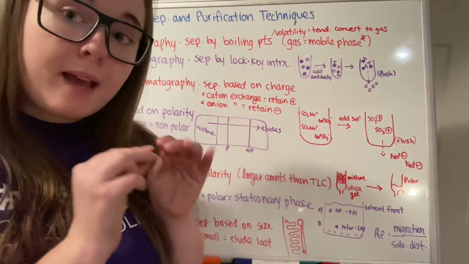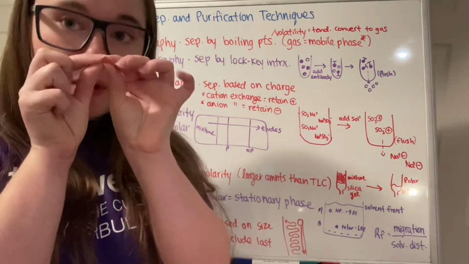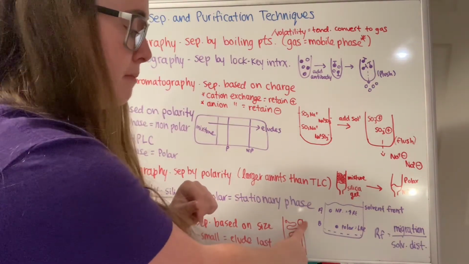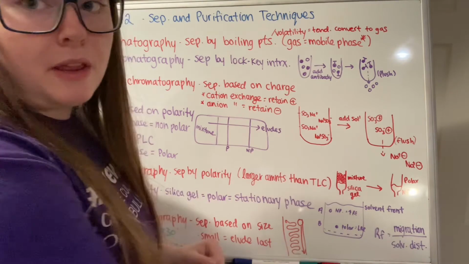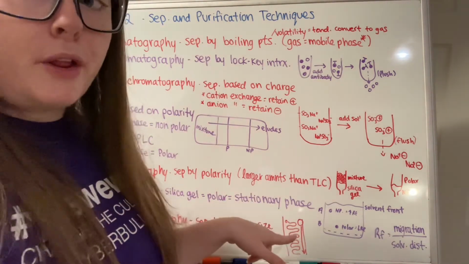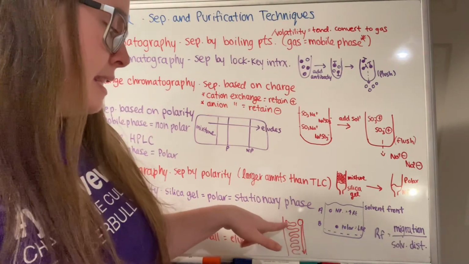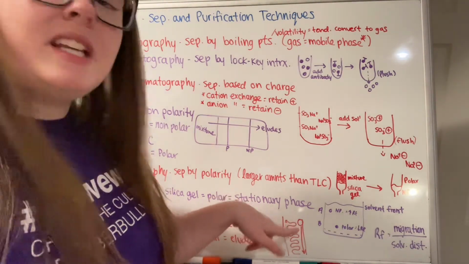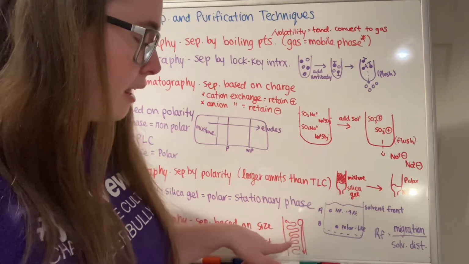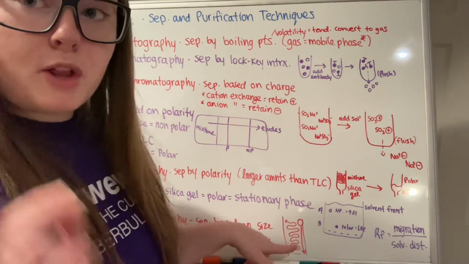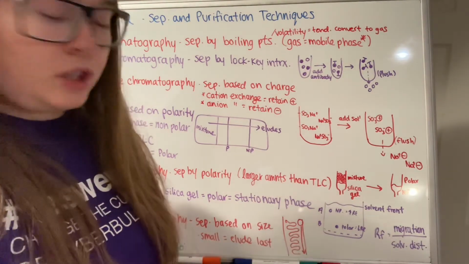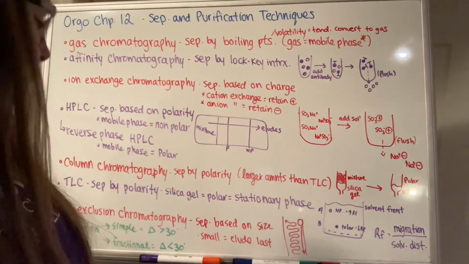The big molecules would not be able to fit through the tiny pores that you put all through the column, so they would just go right through the sides of the column, whereas the smaller molecules would be able to fit in these tiny little pores, and they would take a long time to travel all the way through the column, which is why the smaller molecules would elute last and the bigger molecules would elute first.